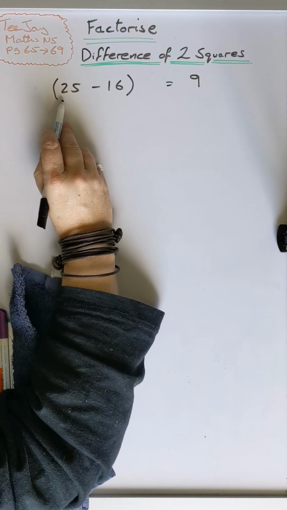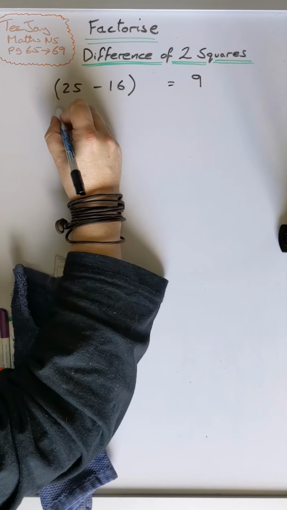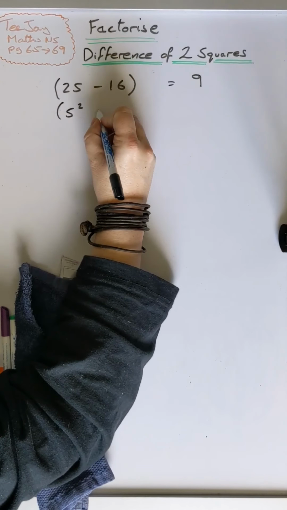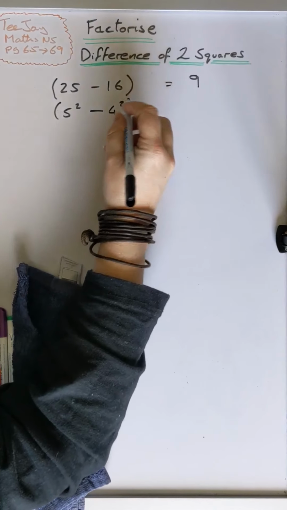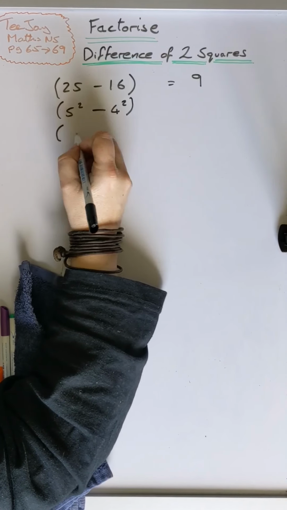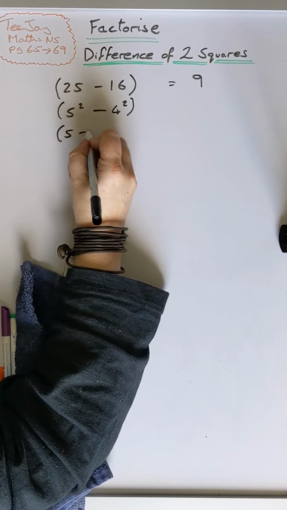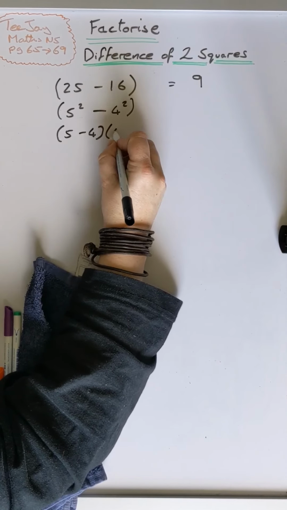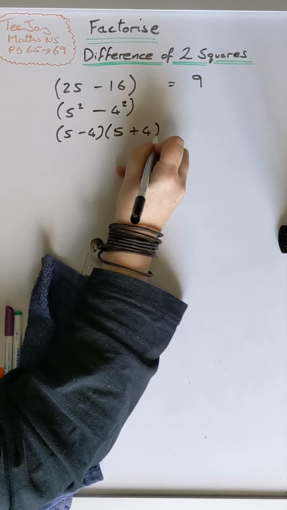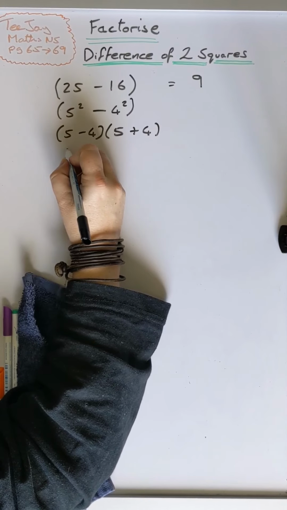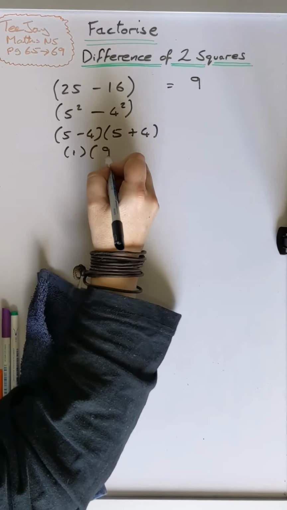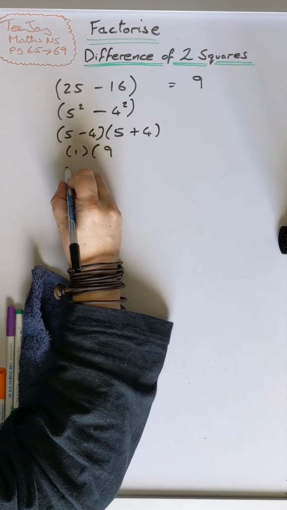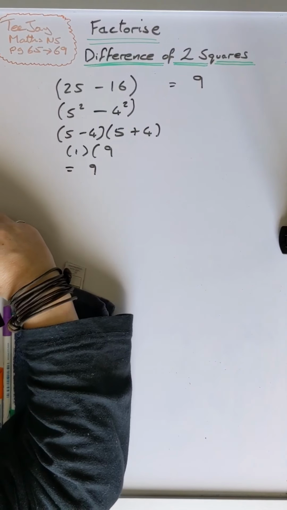So we have 25, which is 5 squared. We've got 5 squared minus 16, which is 4 squared. So what we have is 5 minus 4 times 5 plus 4. 5 minus 4 is 1. 5 plus 4 is 9. 1 times 9 is 9.